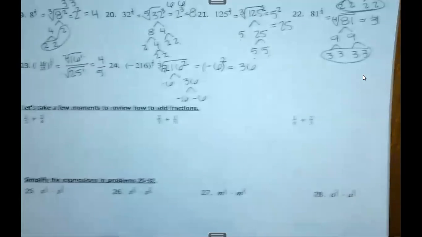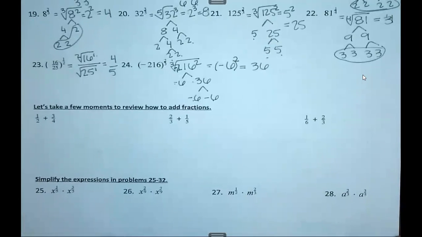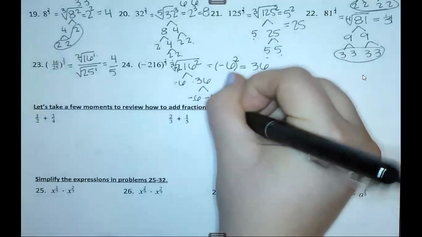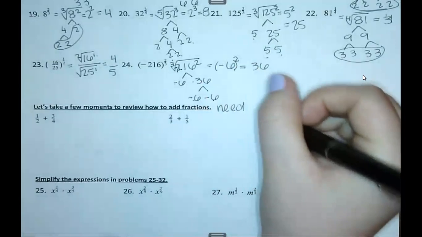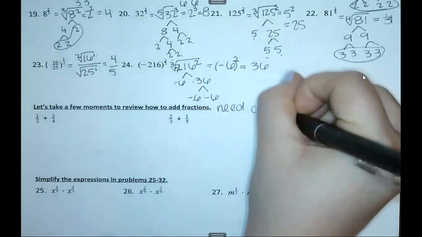Okay, in this next section, we are just reviewing how to add fractions. Now remember, when you are adding or subtracting fractions, we need common denominators.